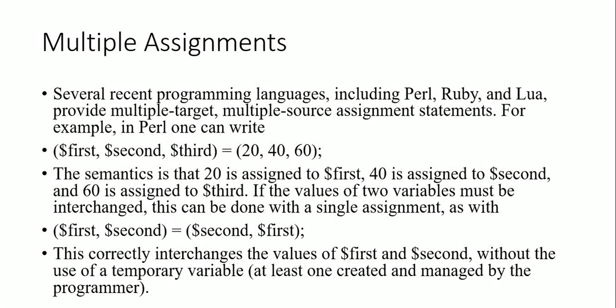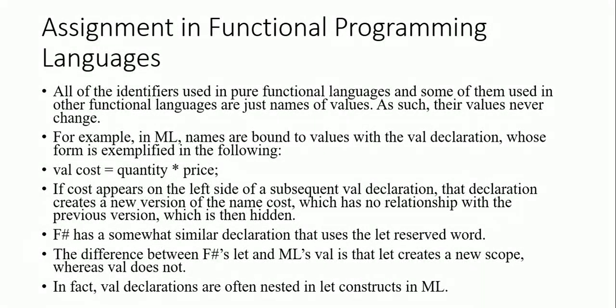And assignment in functional programming languages. All of the identifiers used in pure functional languages and some of them used in other functional languages are just names of values. Okay, names of values. As such, their values never change.